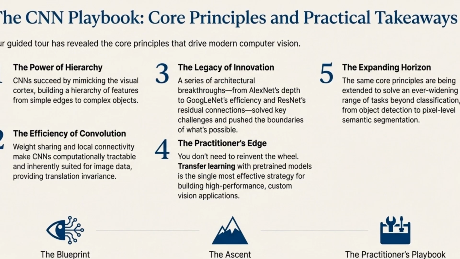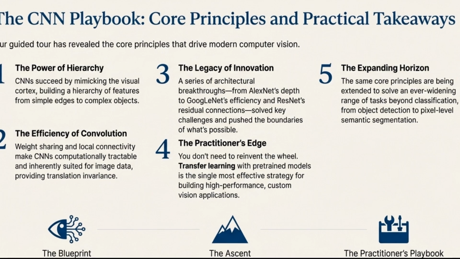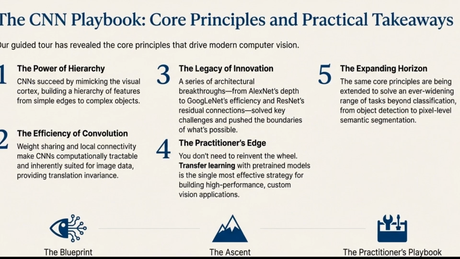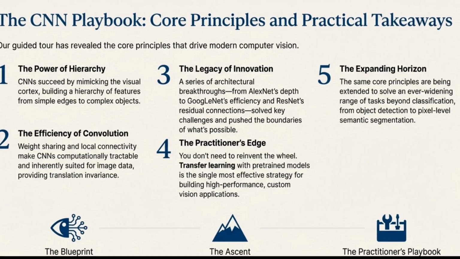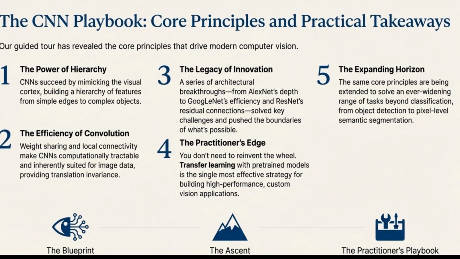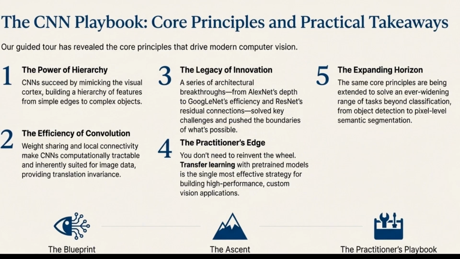Second, the efficiency of convolution. Weight sharing and local connectivity make CNNs computationally feasible for massive image datasets, while providing the crucial advantage of translation invariance.